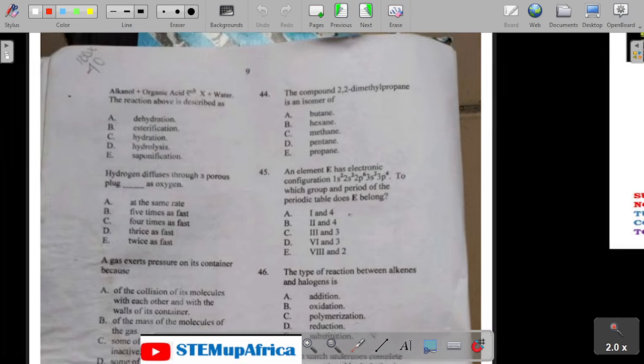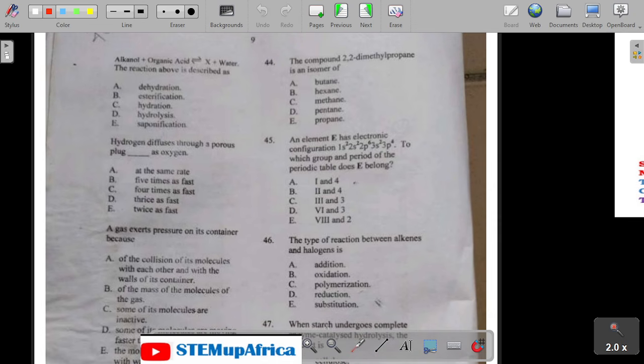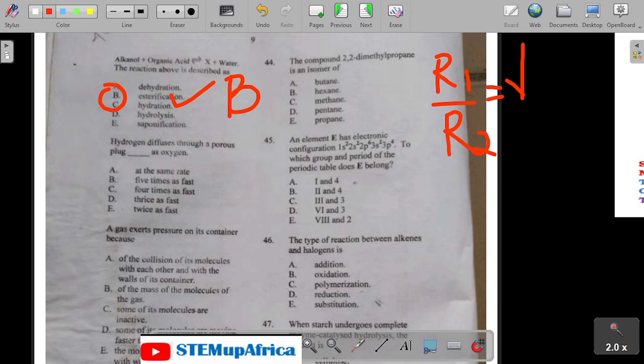So let's see, that should be number 40. Ethanol plus organic acid, you have a reversible reaction to give us X and water. The reaction is best described as what? It's esterification, which is B. Next, hydrogen diffuses through a porous plug. Rate of hydrogen, R1 over R2 equals square root of M2 over M1.